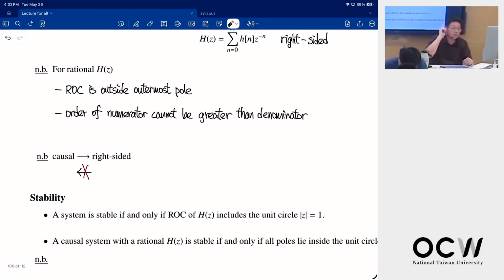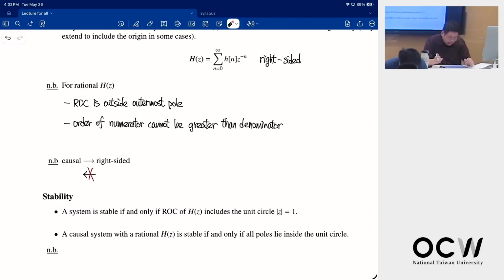For stability, a system is stable if the region of convergence includes the unit circle. Once they include the unit circle, it is stable. And then for the causal system with a rational transfer function, we say this is stable if and only if all the poles lie inside the unit circle. If I have a pole outside the unit circle, then it is not stable.